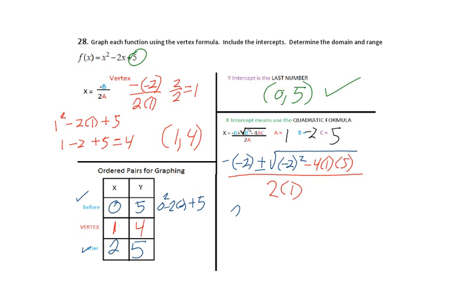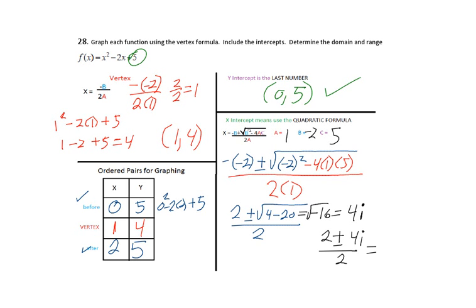So you're going to get 2 plus or minus the square root of 4 minus 20, over 2. 4 minus 20 is negative 16. And 16 is perfect. It's 4, but because it's negative, it's really 4i. So you get 2 plus or minus 4i over 2. And the good news is you can divide by 2. So it's 1 plus or minus 2i. Okay, let's go to the graph.